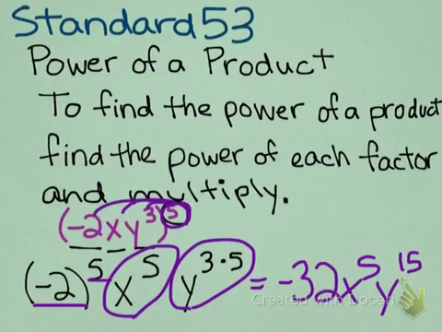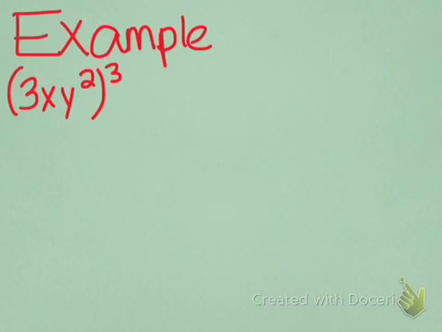Let's try an example. 3xy squared, all to the 3rd power. Each factor inside, including the coefficients and any x or any variable base, they all get this 3. And if you needed to write it out because you can't remember or you can't understand what that means, think about it. All of this is 3 times.